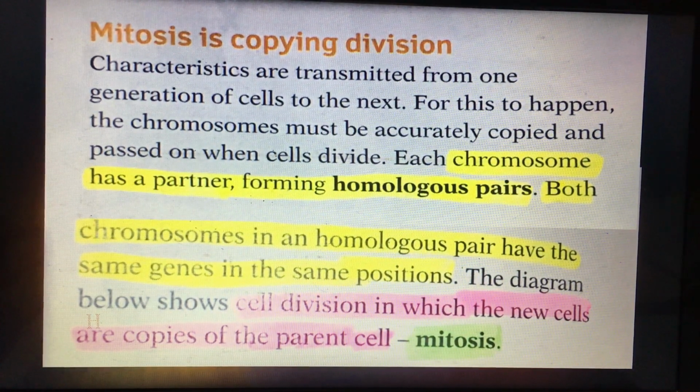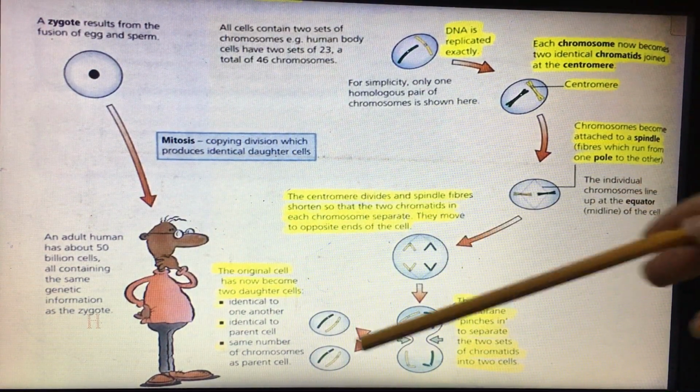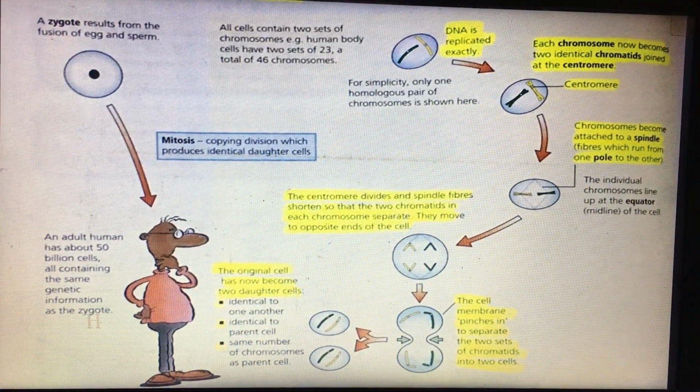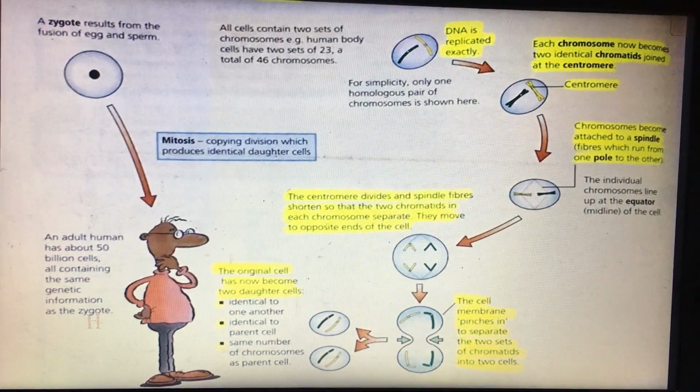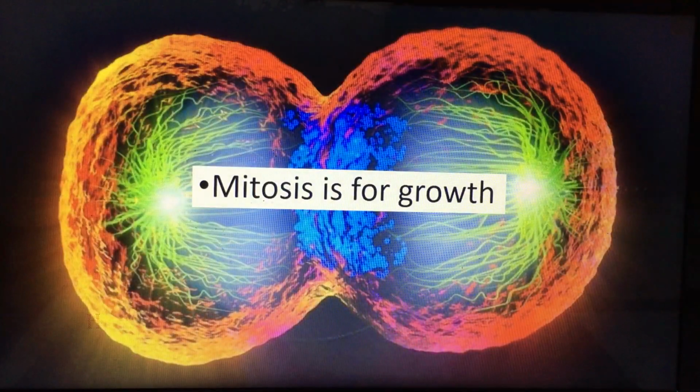Now, we are going to connect mitosis with growth. Also this is in your book, the same process. For example, in animals, each tissue provides its own cells when they are needed.